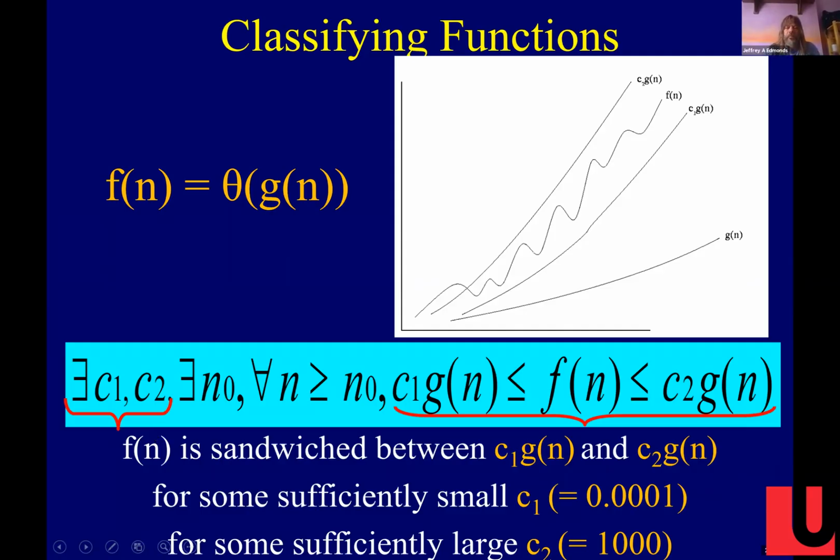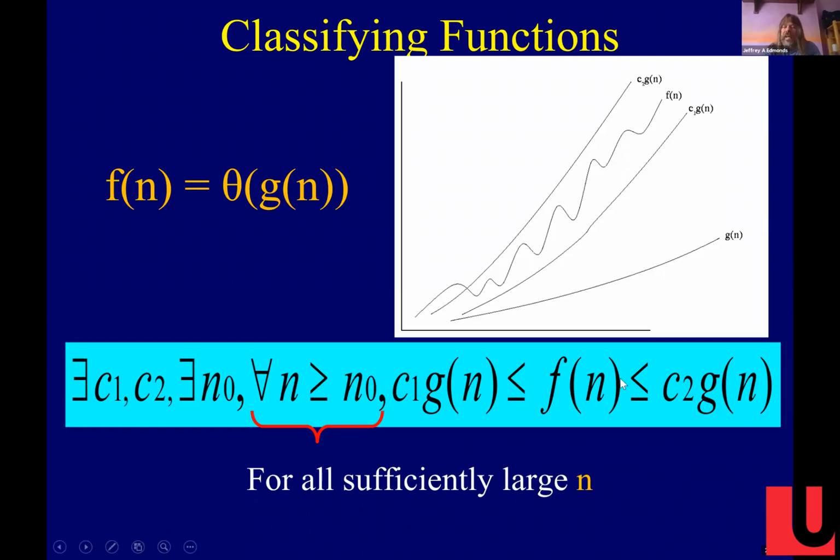All right, that's good. Now, for which n? I didn't say n here. Well, for all n that are sufficiently big. Because what do we care about when we talk about how fast the function grows? We care about its limit as n goes to infinity.